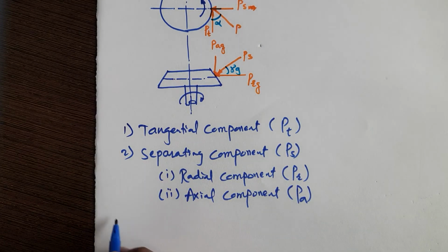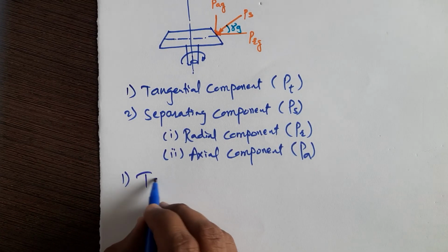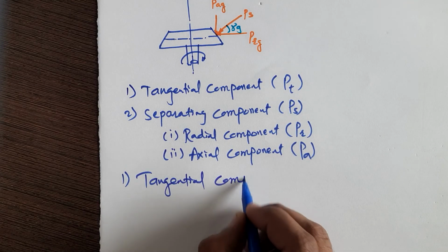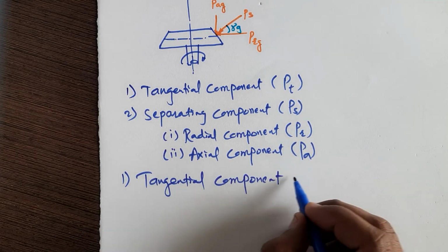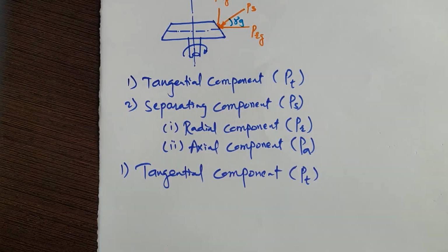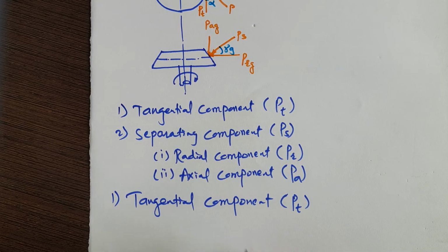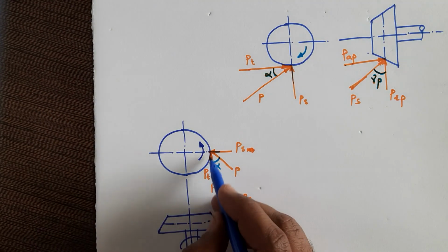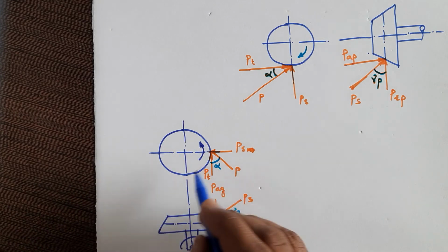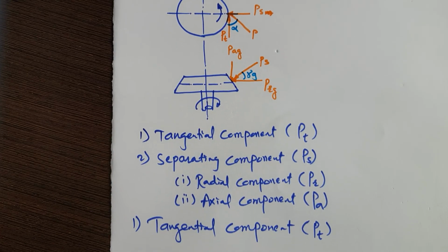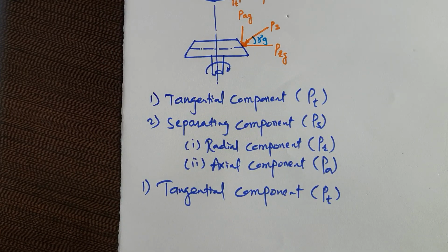Okay, now we'll go one by one. The first one is the tangential force, tangential component PT. The tangential component is responsible for power transmission. Whenever power is transmitted, it is because of this tangential force only. Tangential force is rotating the gear, and if the gear rotates, it means you are transmitting power.